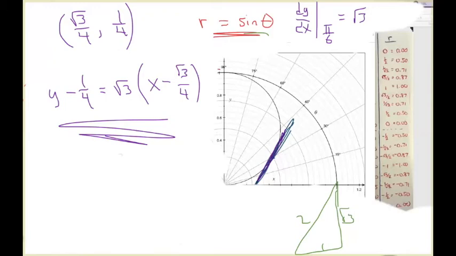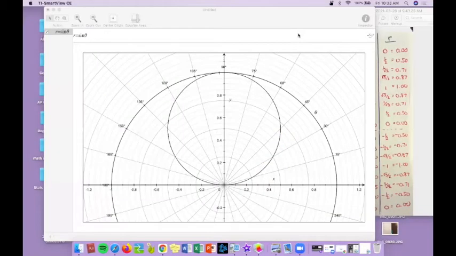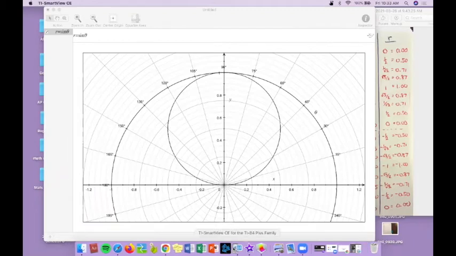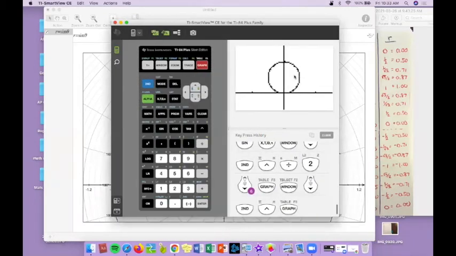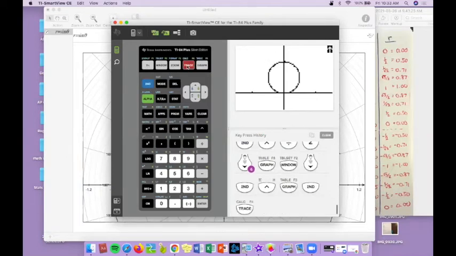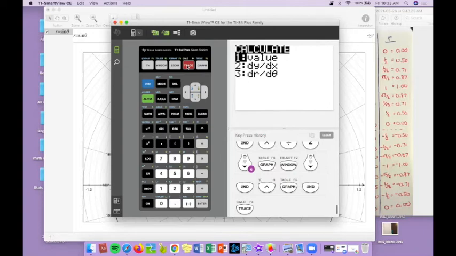Let me cut out of here and show you how you would get these components, at least on your calculator. The best it'll give you is the slope and the value.